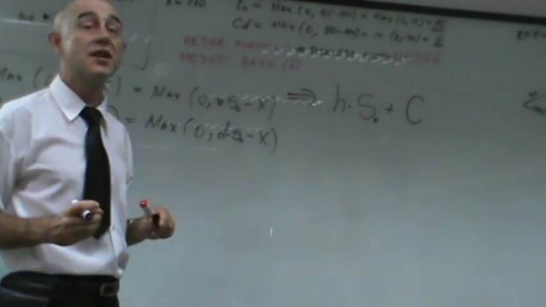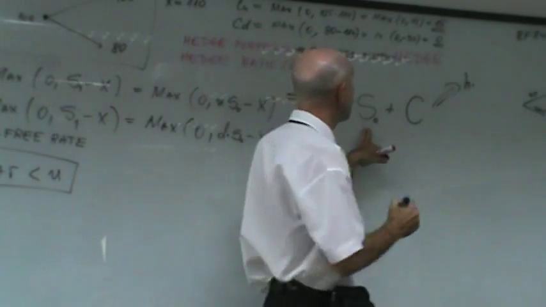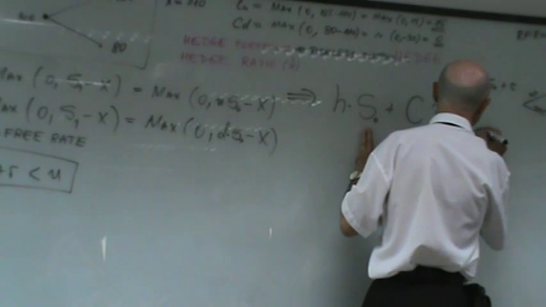So this portfolio, when it goes up, will have H times US0 plus C, and when it goes down, DS0 plus C. All right, let me make sure we get this right.